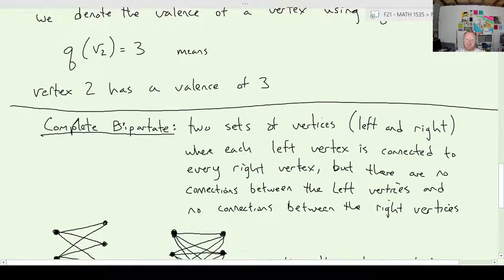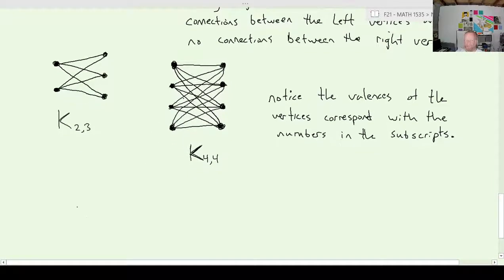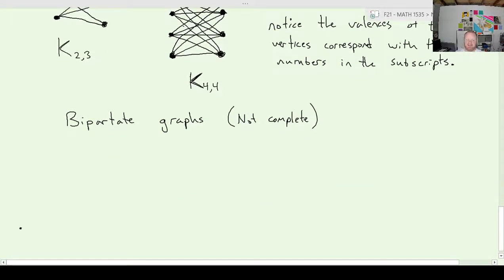Okay, so this word complete means that we've got sort of every connection covered, but we do have just simply bipartite. So these would be, just to be clear, these are not complete. But they still have that same structure.